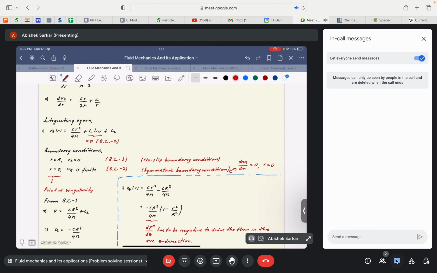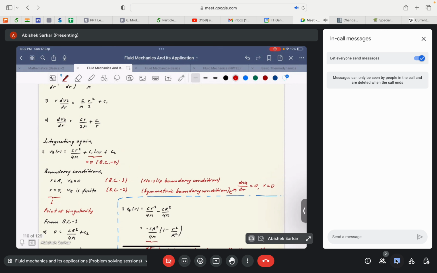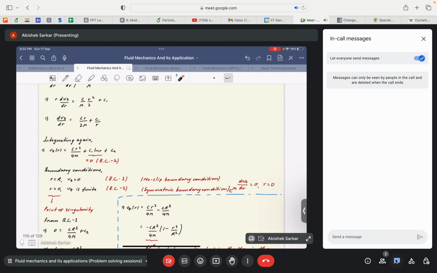If we apply this condition in this equation, you can clearly see that since dvz/dr equals 0 at r equal to 0, c1 equals 0.